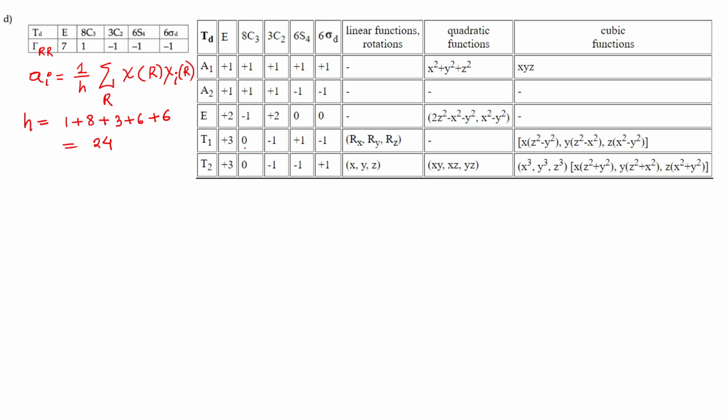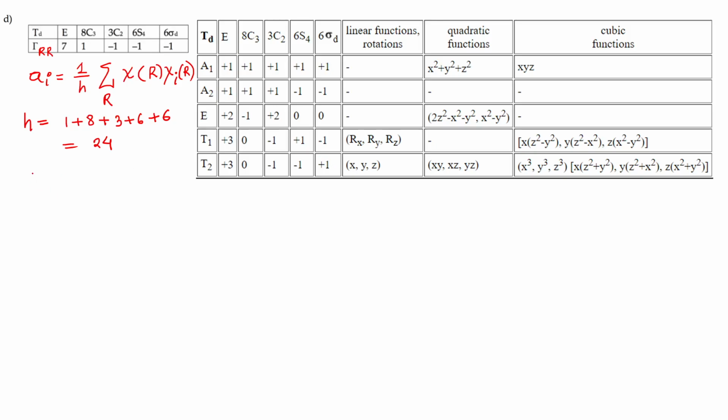What do we mean by a character of zero? It means one operation is nullified by the other, so the contribution is zero, because they are transforming together and may be nullifying the contribution from each other.